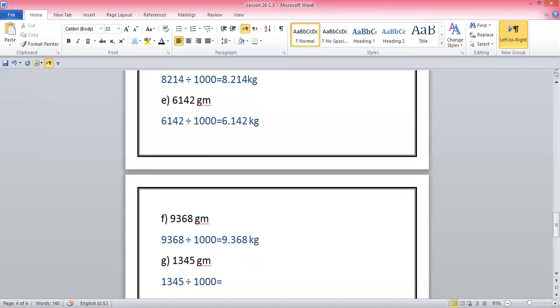So the point is after 5, move it 3 times to the left side. 134.5 one time, 13.45 two times, and this is 1.345. 1.345 kilogram. Clear, guys?